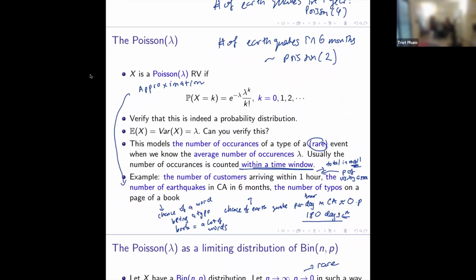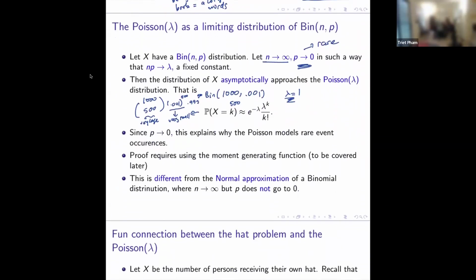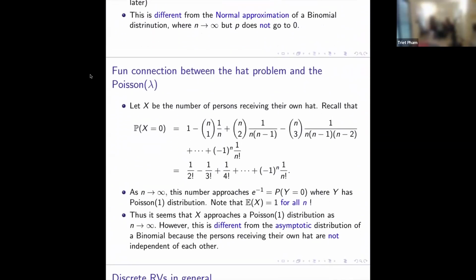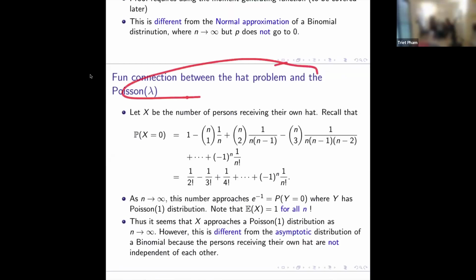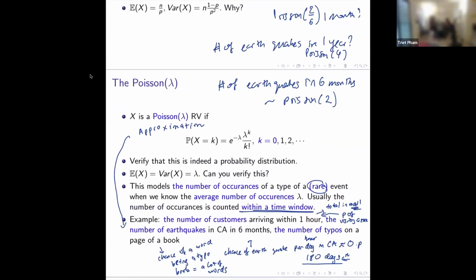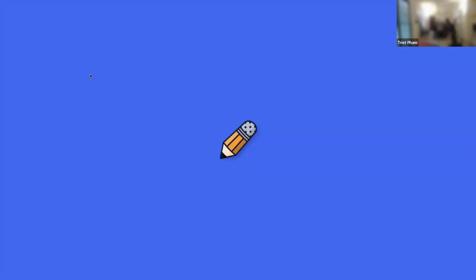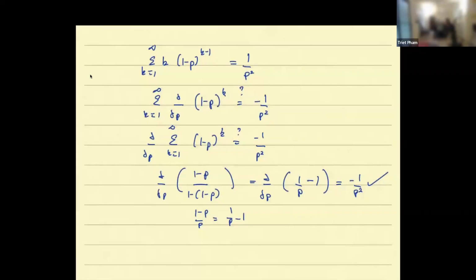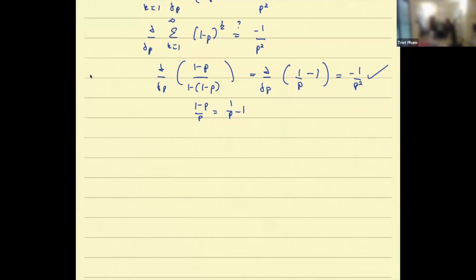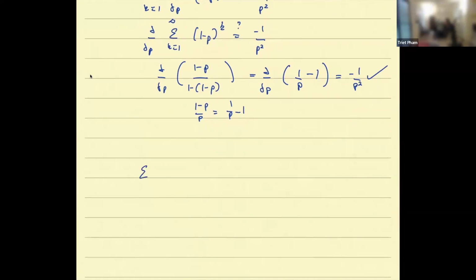All right. So this is just a fun connection. Oh, sorry, I still haven't explained this. All right, so let's calculate the expectation. The expectation of a Poisson will be the sum of k e to the minus lambda, lambda to the k over k factorial, k from 0 to infinity.